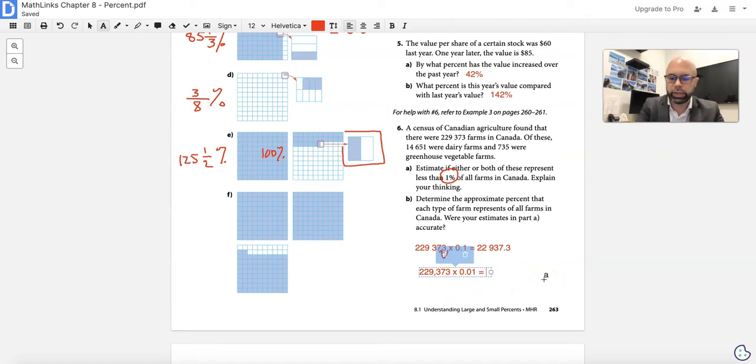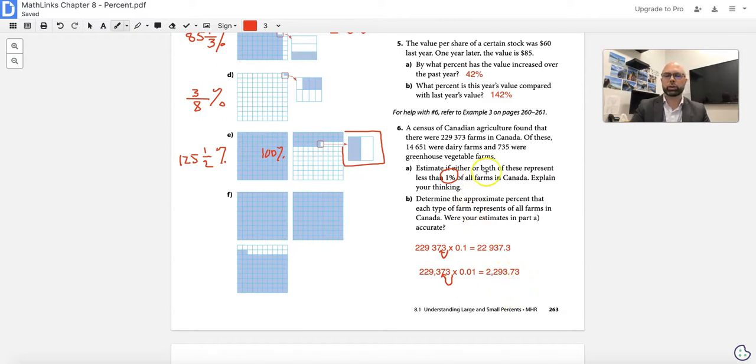So we're going to have 2,293.73. I hesitated because you could round to 2,294, but yeah. And here's my process again. I'm just moving this invisible decimal 2 spots to the left, right? Because now I end up with 2,293.